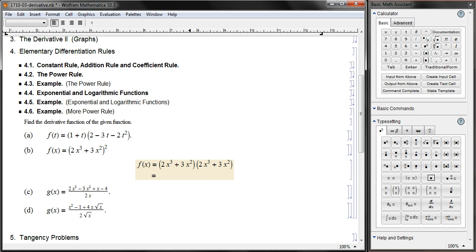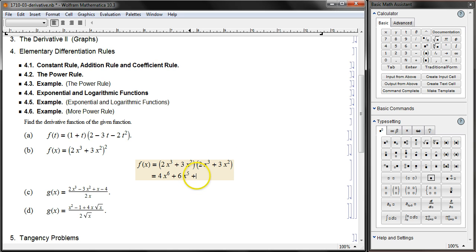Okay, let's expand it. First, we have 4x to the 6th power. Outside, 6x to the 5th power. This times that we did. And then outside, this times that we did.